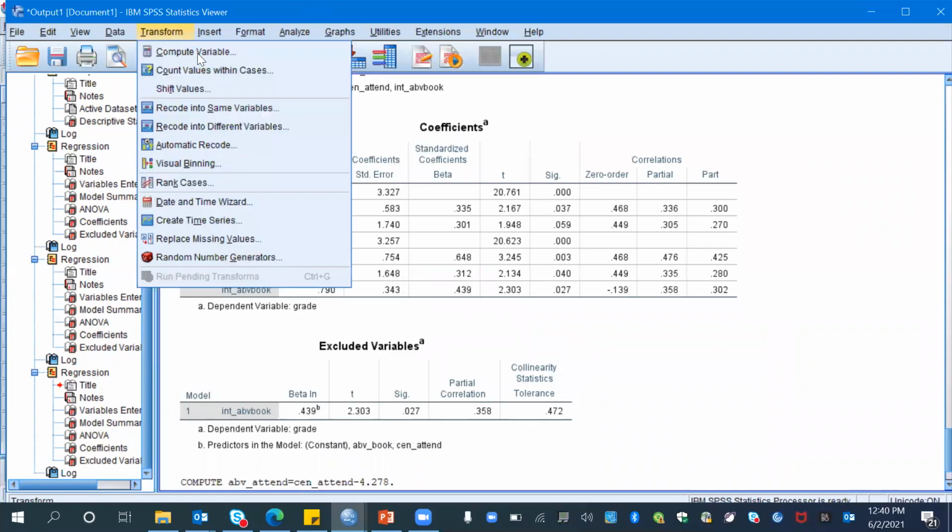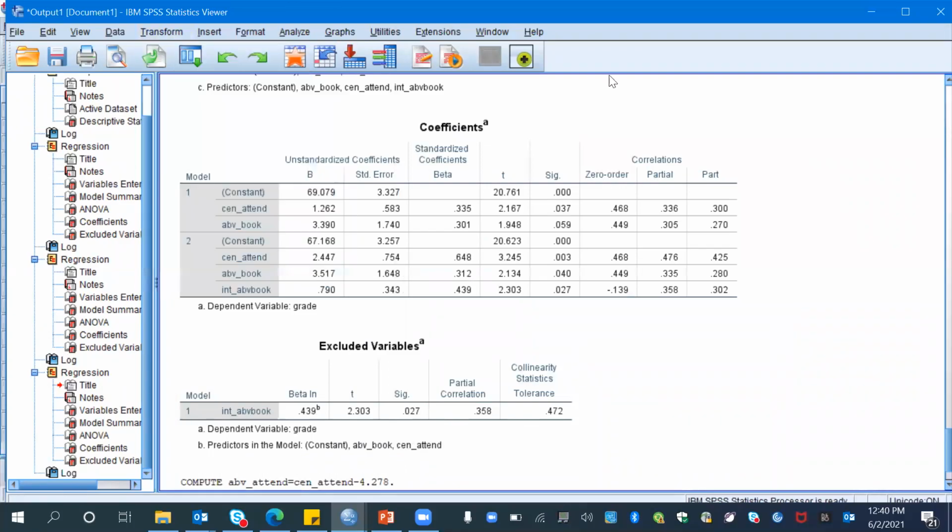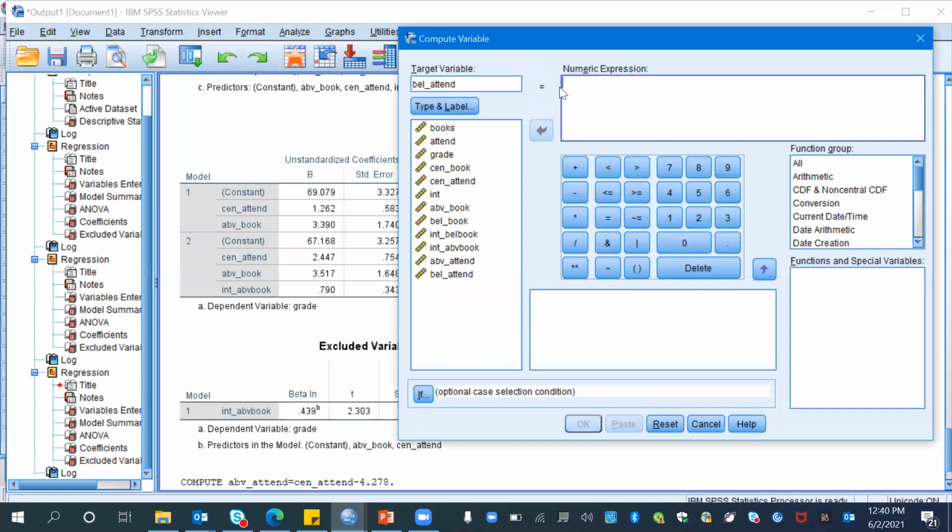Now I'm going to create my interactions between them. So I'm going to call these, and this is an interaction, I'm going to call this below attendance. So this is the interaction between centered books and below attendance.